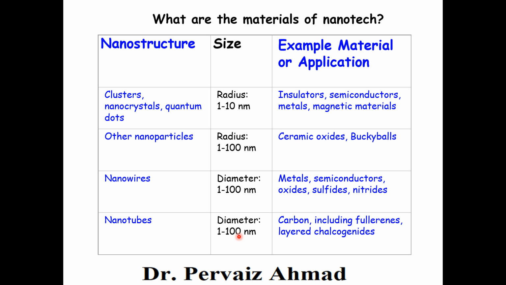The most popular nanotubes, everybody knows about them, are the carbon nanotubes. Along with that, we have the layered halogenide materials. We can also have boron nitride nanotubes and boron-doped carbon nanotubes, and so many other examples exist for the nanotubes. So these are the popular nanostructures we are most familiar with.